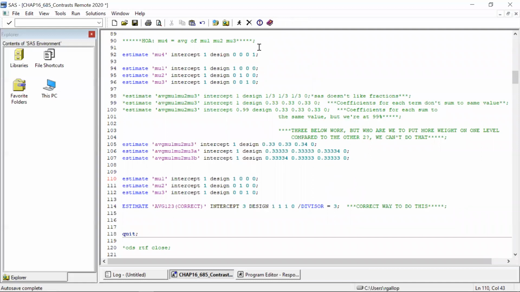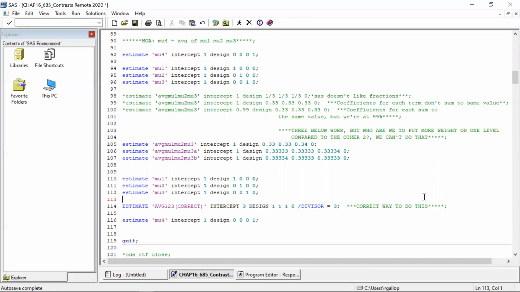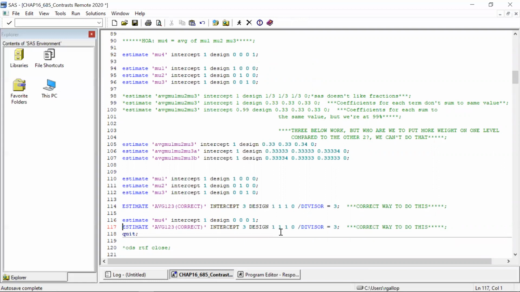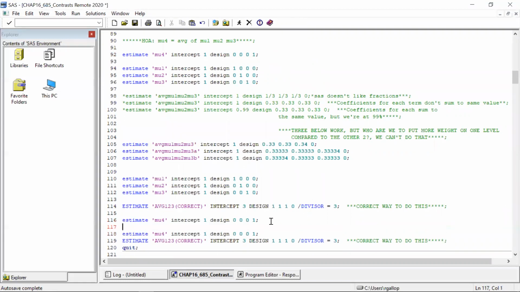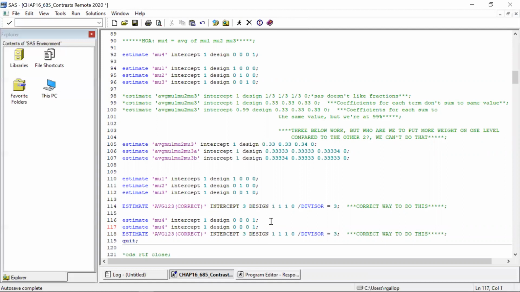So now we want to form the contrast. I'm going to bring this down. Bring this down again. Now, the way we did the contrast before is we subtracted lines. We had the 2 estimate statements and we subtracted the lines.